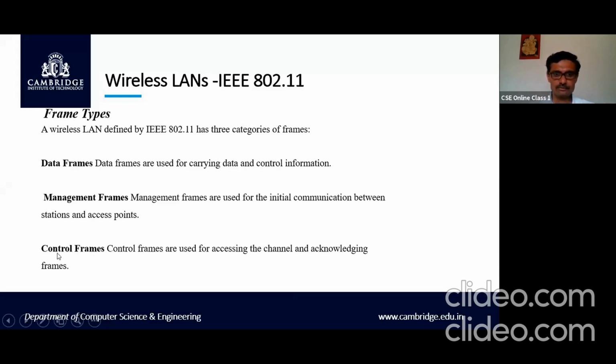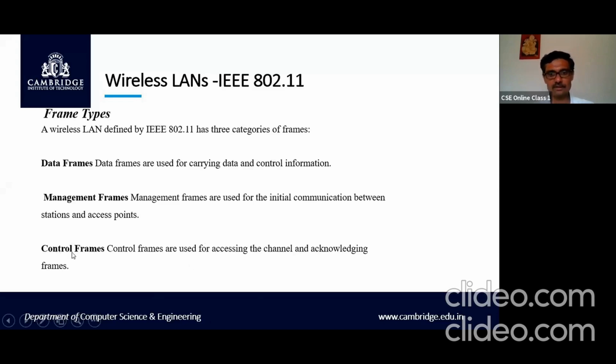Similarly, we have control frames. Control frames are used for accessing the channel and acknowledging the frames. So this is used for accessing the channel itself. Because more than one station, as you've seen in the previous discussion, will be using the same channel. Who has the right or the access is decided by the protocols we discussed earlier. So getting control of that channel is done using control frames.